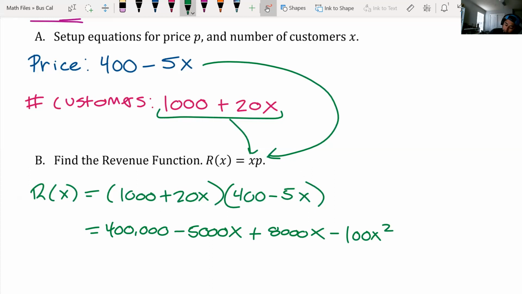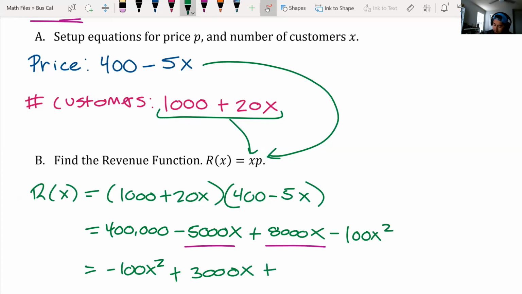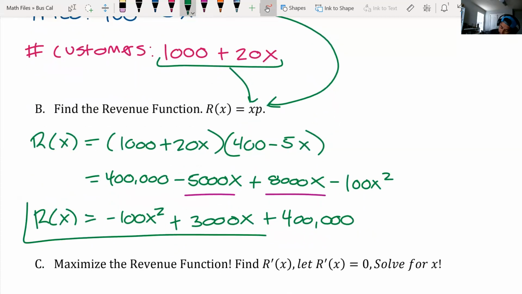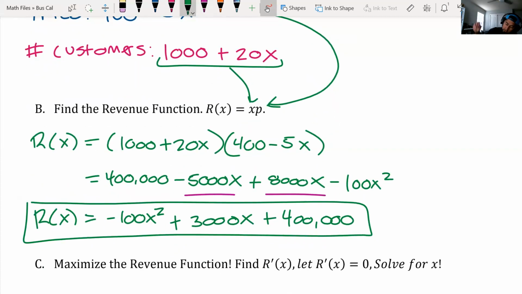Okay. Now clean it up. Put the highest variable first. -100x squared. You can combine those terms. -5,000 plus 8,000 gives me positive 3,000x plus 400,000. Here's the revenue function.